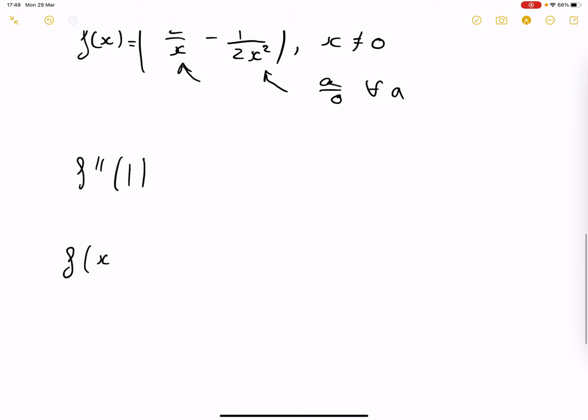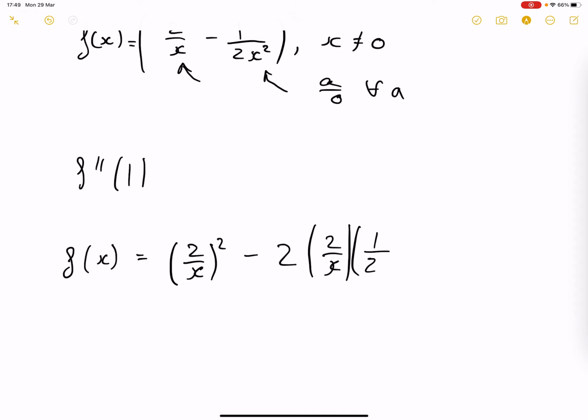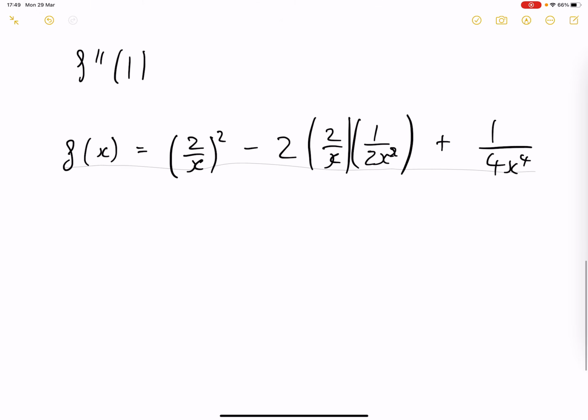So, f of x is equal to, I'm just going to expand this using binomial expansion, 2 over x squared, squared, plus 2, it's going to be a minus because we have a minus, minus 2 over x times 1 over 2x squared, and plus 1 over 2x squared, squared, which is 1 over 4x to the 4.